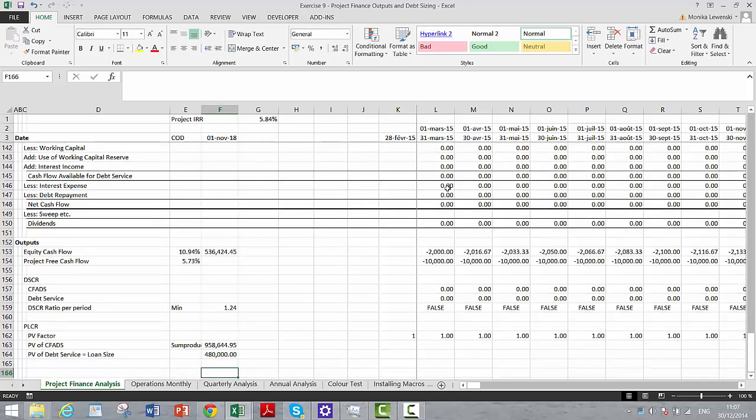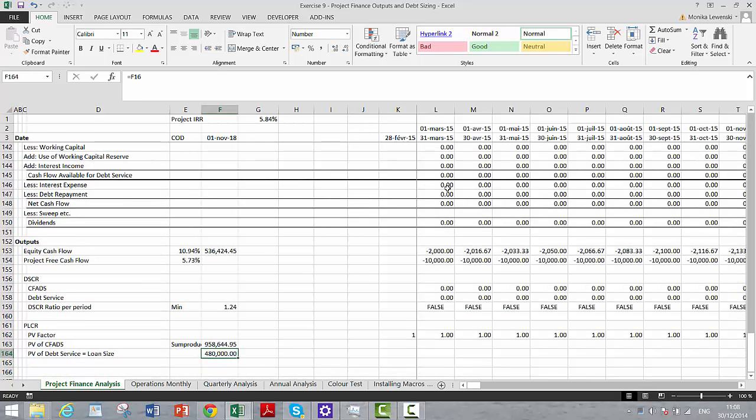Now, I haven't really explained, the PLCR ratio is just this divided by that. I haven't described really how to use it or what to do with it in the future.